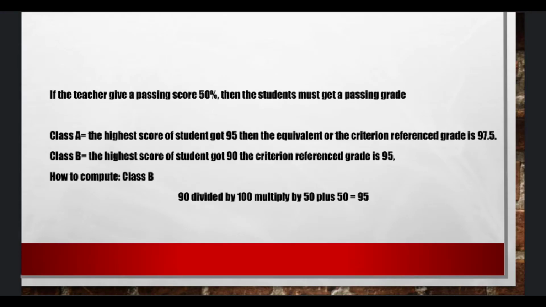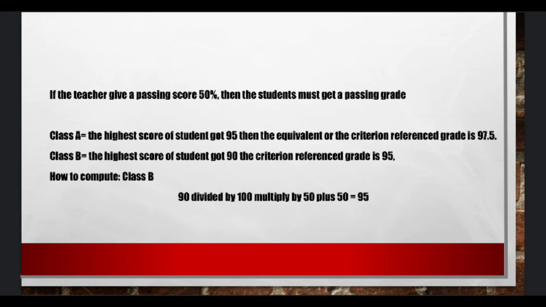Another example: if the teacher sets a passing score of 50%, then the student must get a passing grade. In Class A, the highest score a student got is 95, then the equivalent criterion-referenced grade is 97.5. Then, in Class B, the highest score a student got is 90, and the criterion-referenced grade is 95.